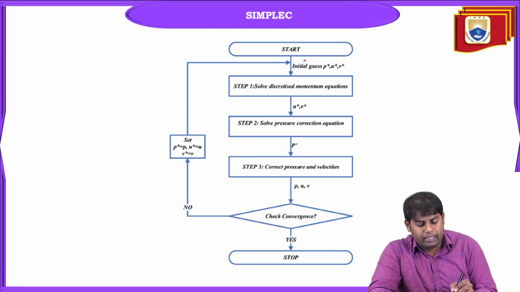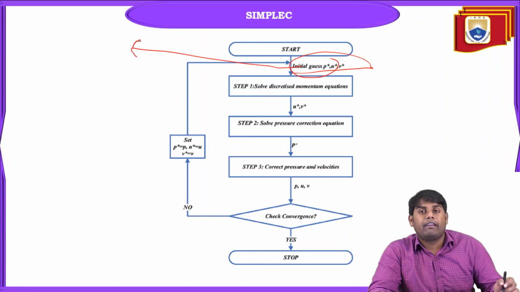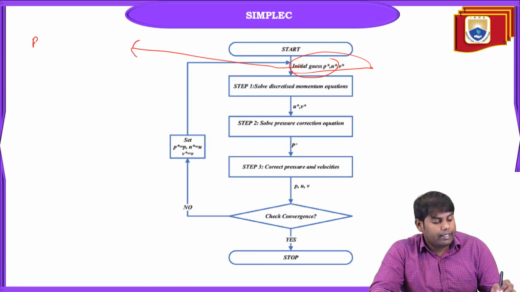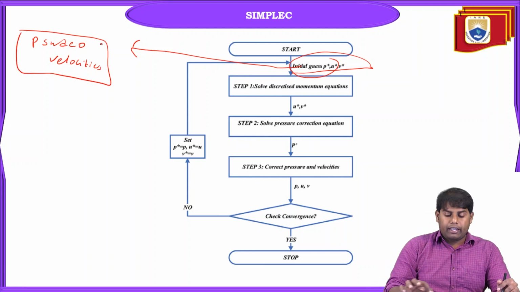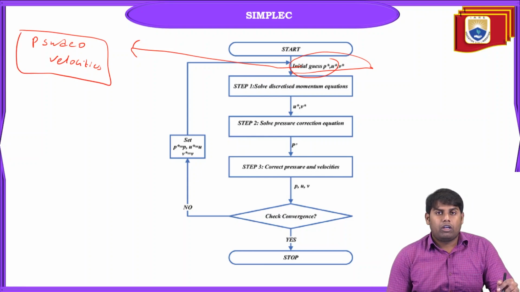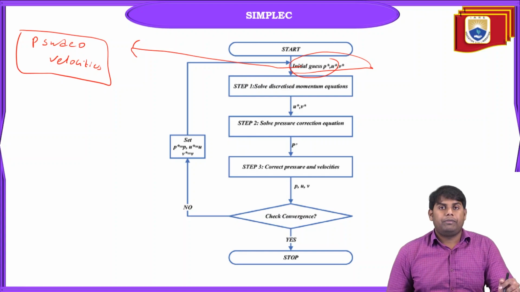Here, before starting the discretized equation, with the initial guess values you get pseudo velocities. So the changes we have from the SIMPLEC algorithm, I am just telling.